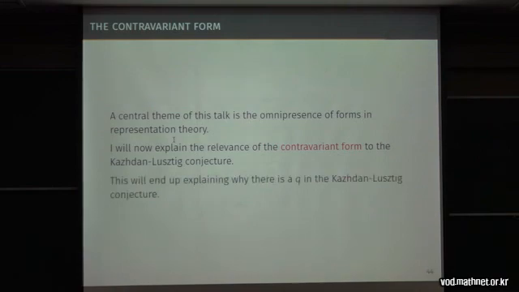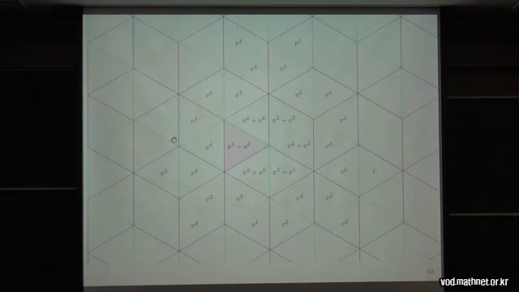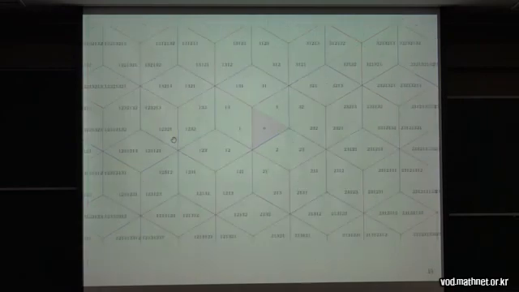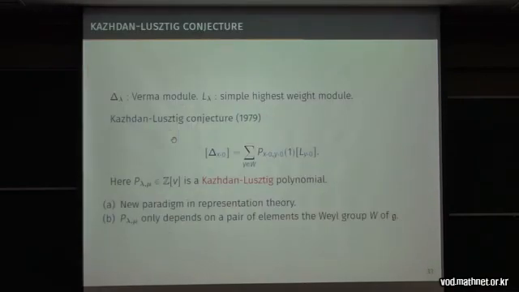A very important thing back here in this Kazhdan-Lusztig conjecture is that what we want to know is how this module breaks up into simple modules over here. And so what we expect here are numbers.